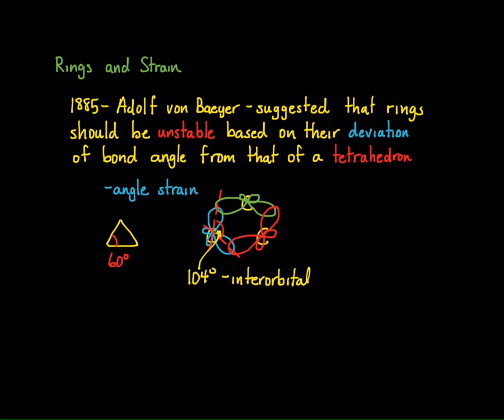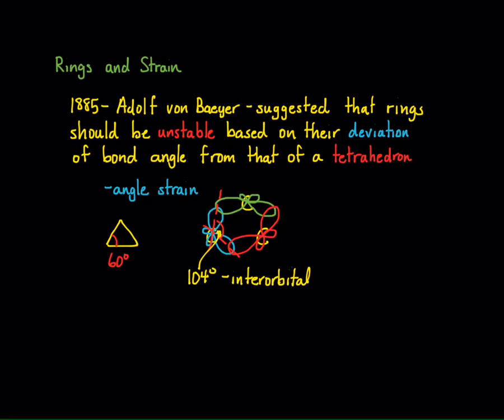Now, what that means is that the orbitals aren't deviating so much from that 109.5 degrees, but they are deviating, and the overlap of the orbitals becomes not ideal, and the bond actually becomes weaker. And we're going to see how we play that out in just a little bit. So that's the angle strain that's associated with cyclopropane.